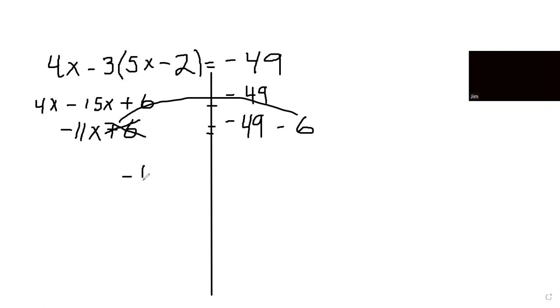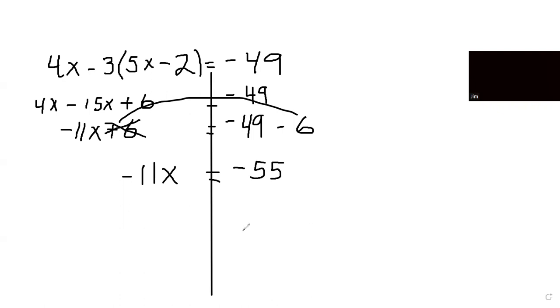We're left with negative 11x equals, now what's negative 49 minus 6? Well, remember from negative numbers, pretend we've lost $49 betting on the horse or something. The next race, we lost even more money, so we've lost a bunch of money. In this case, we've lost negative 55.